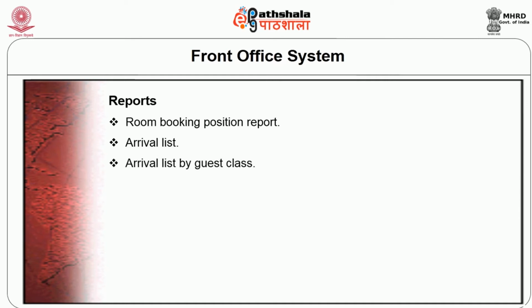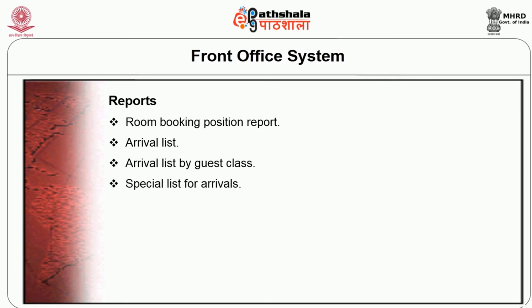Next will be the arrival list by guest class. Guest class here refers to the special cases or the mode by which they will come in. Everything will be included in the arrival list by guest class. Next is the special list for arrivals.